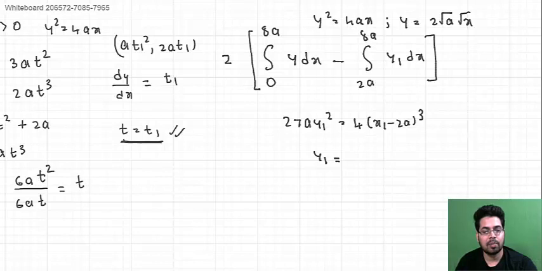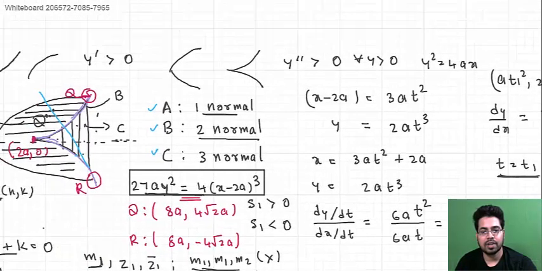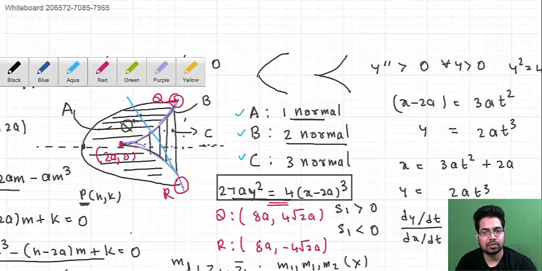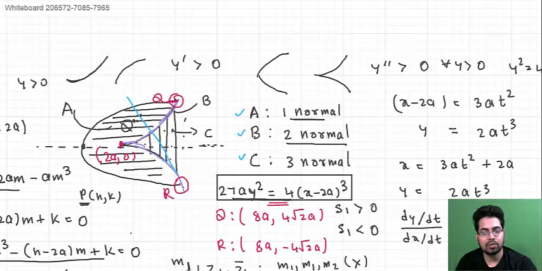If I scroll back, I integrated the curve from 0 to this parabola, integrated from 0 to this point. This point is 8a. So let me shade this with yellow. When I integrated from 0 to 8a, I got this region from here till here.